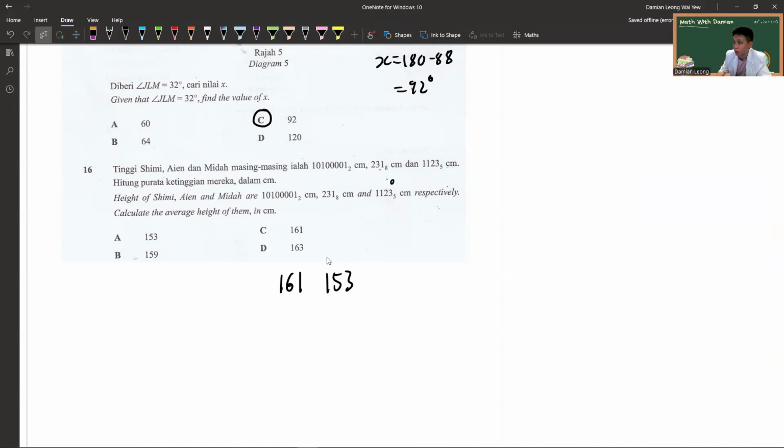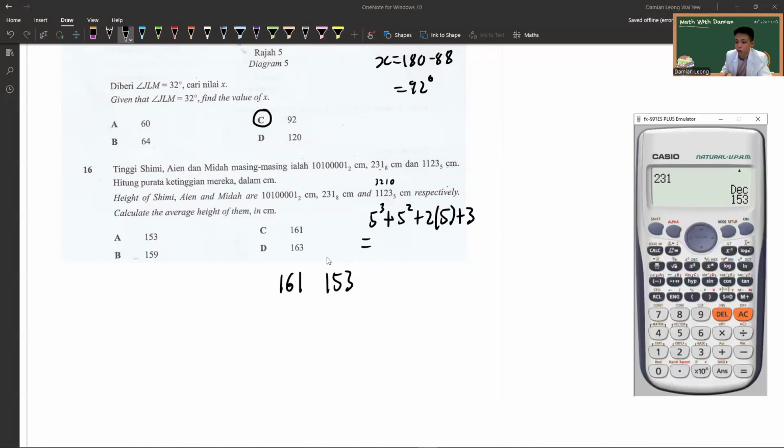For base 5, I have to convert manually. Start from right to left, power 0, 1, 2, 3. So 1 times 5 to the power 3, 1 times 5 to the power 2, plus 2 times 5 to the power 1, plus 3 times 5 to the power 0, which is just 3. So we calculate 5 cubed plus 5 squared plus 2 times 5 plus 3.